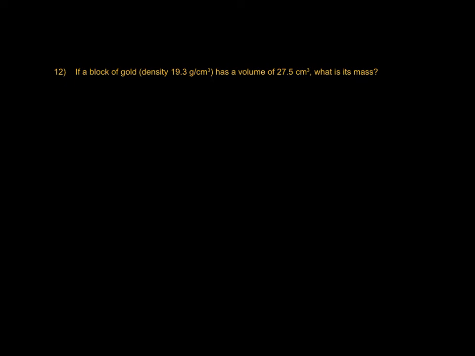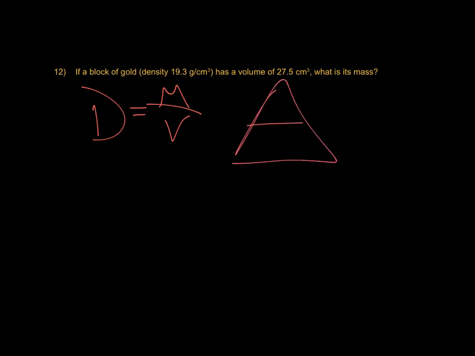If a block of gold has this density and this volume, what is its mass? Okay, so we're back to the density equation, which is mass over volume. But this time we're not given the mass and the volume to find the density, we're given the density and the volume to find the mass. So you need to remember this little triangle. The mass is always going to be on top if you're given that, and then you would put the density or the volume under the mass if you were trying to do that.